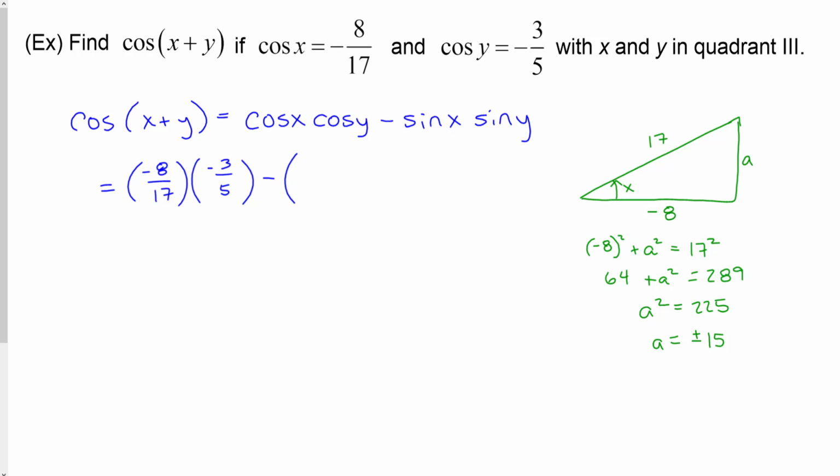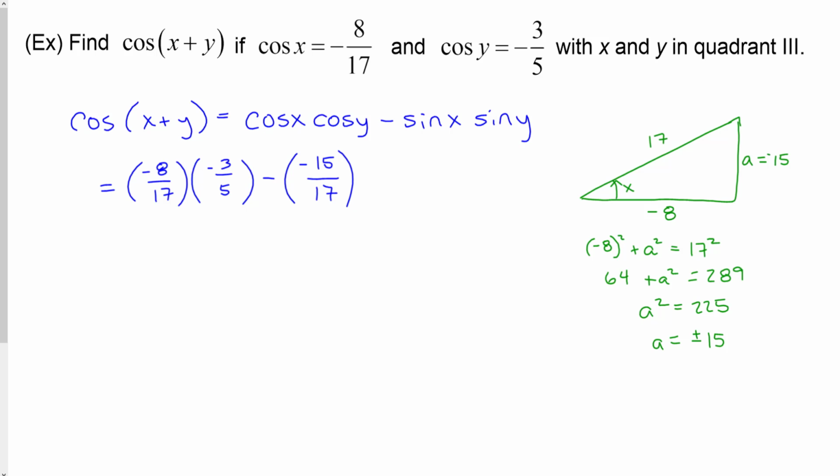So I'm just going to say that this value a is 15, like we solved. That's the opposite side of my angle. Opposite over the hypotenuse is the sine. And I'm just going to write that thing as a negative, because I know in quadrant 3 it's supposed to be negative. So you just choose the sign based off the quadrant that you're in.